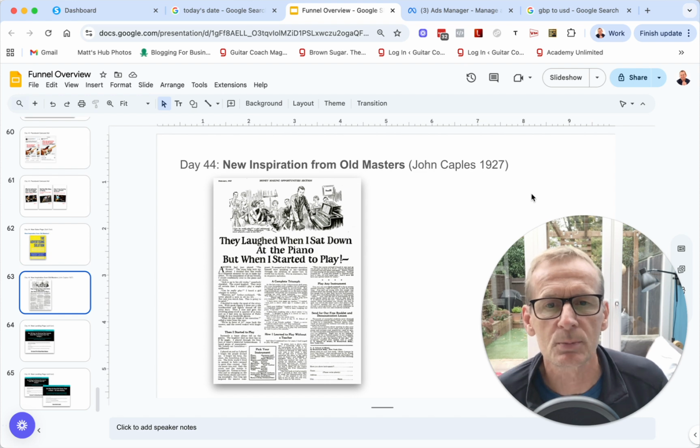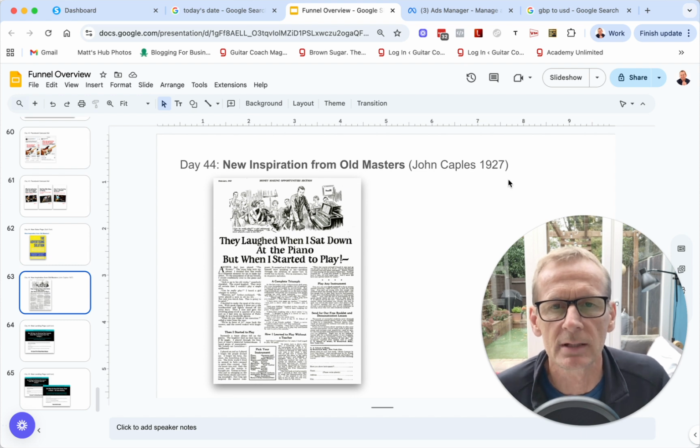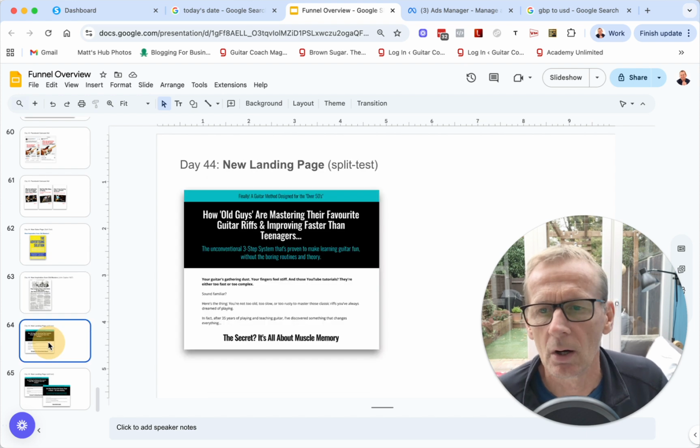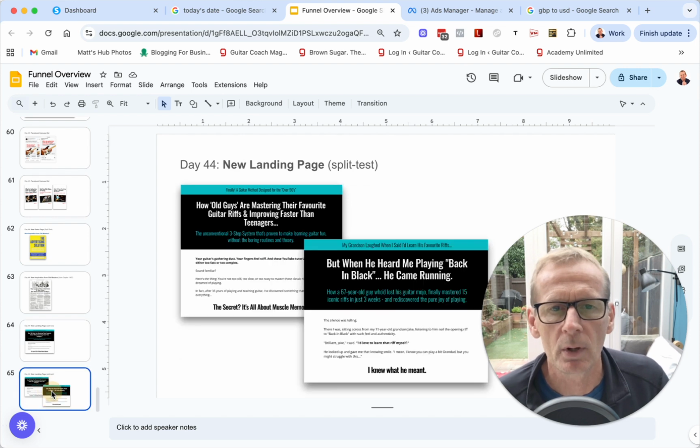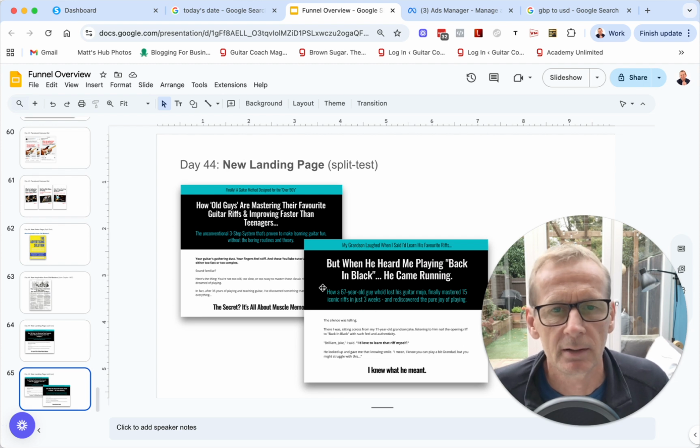It was a direct response newspaper ad, and we talked yesterday about its structure. So now it's for me to reinterpret it and update it for guitar players. This is what I've come up with, which is obviously just the start point.